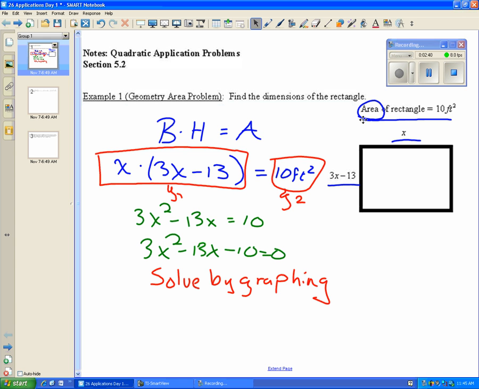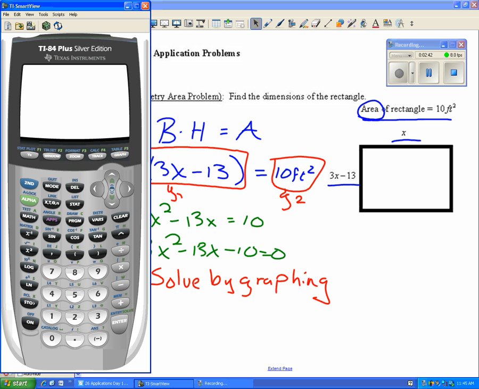I'm going to pull up my handy dandy little calculator and I'm going to go into my y equals. And I'm going to plug in my y1, I said, was x times 3x minus 13. That's my x. My y2 was 10.